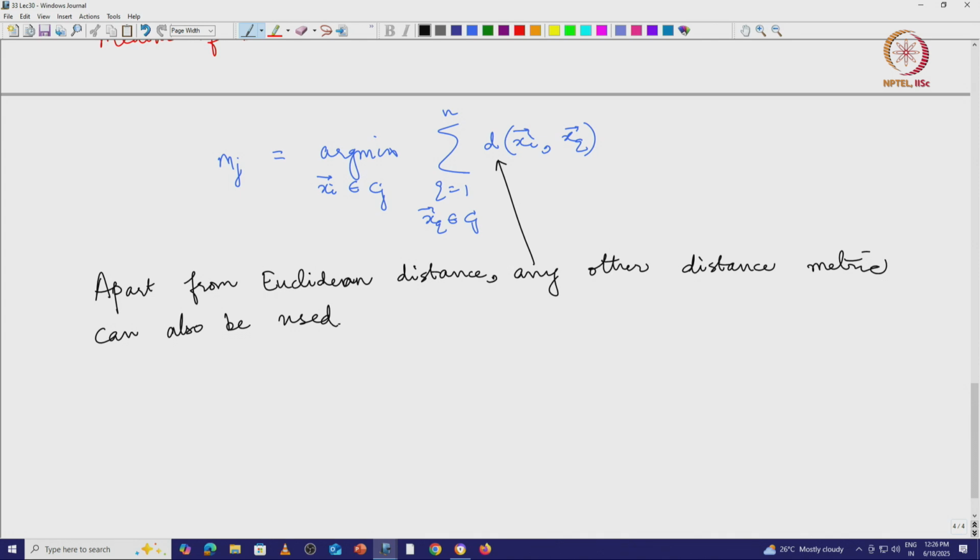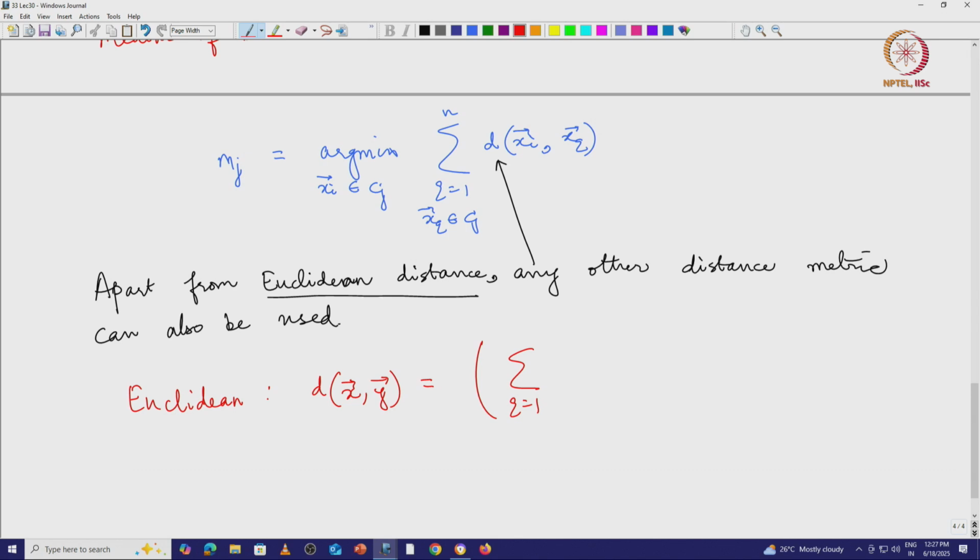So I just want to remind you how Euclidean distance or any other type of distance can be computed. So let us look first at Euclidean distance. If you want the Euclidean distance, or the usual distance that is defined between two points which are denoted as vectors, it is the sum over q going from 1 to the number of components.